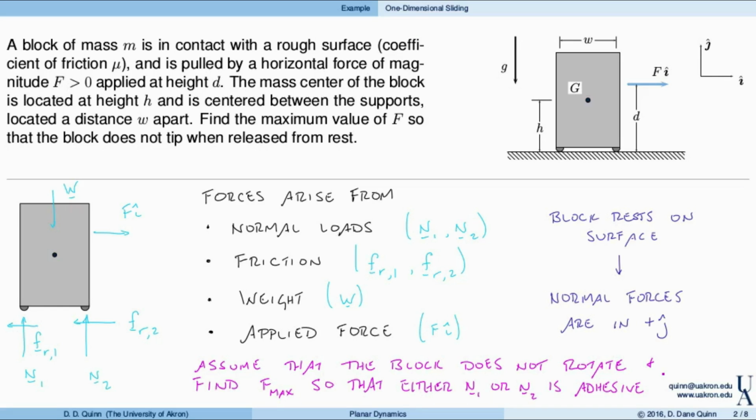And again, that implies that the force is in the minus j direction, so it would be pulling down on the block. So that's kind of our solution strategy, right? We're going to again assume that there's no rotation, so the angular acceleration of the block is 0. And then we're going to look for the value of the force that makes one of these two things adhesive. So again, in the minus j direction.